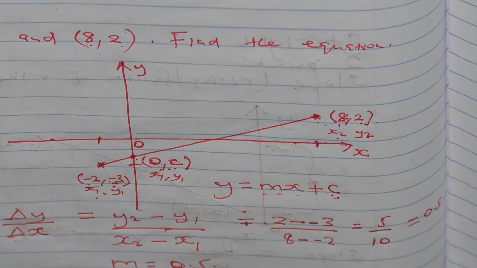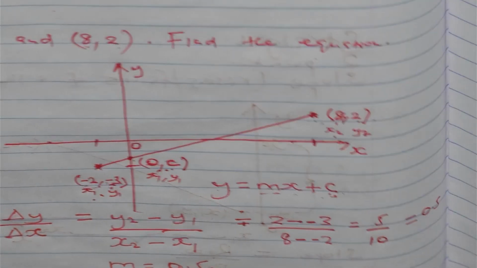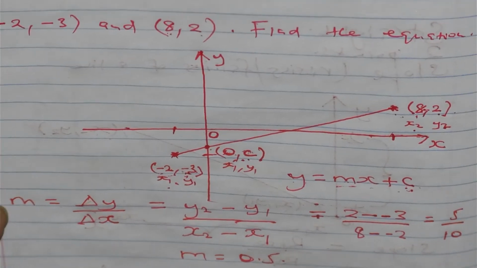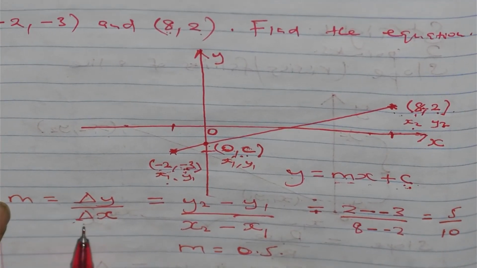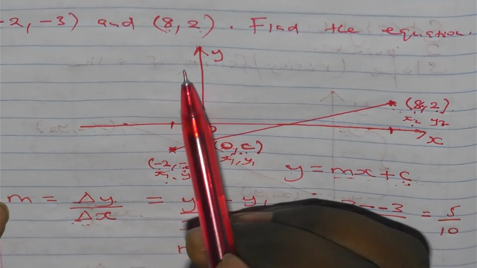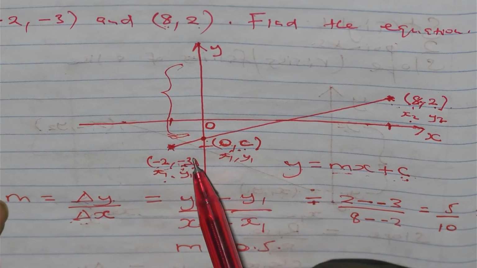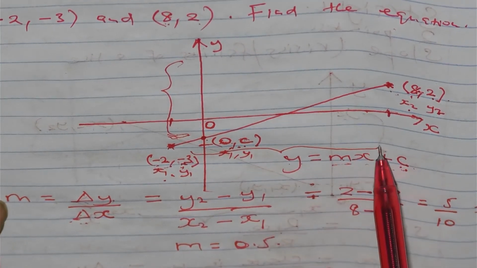Then from there, go get the m, go get the gradient first of all, or the slope. Once you get the slope, which is our m, it is gotten by change in y over change in x. Change in y is the change in rise, all over change in x, the change in run.